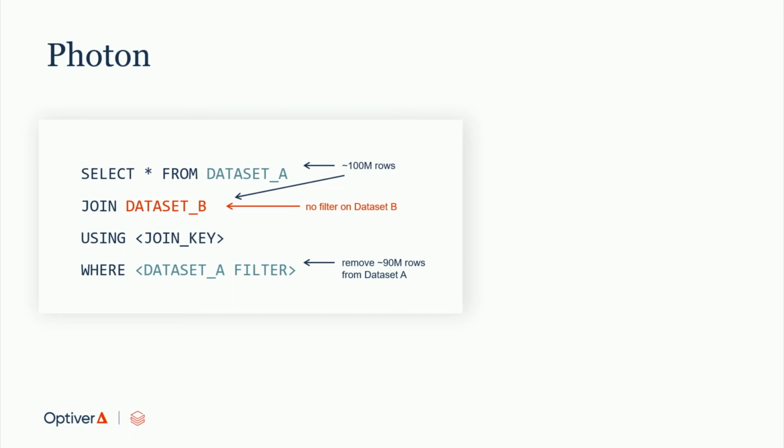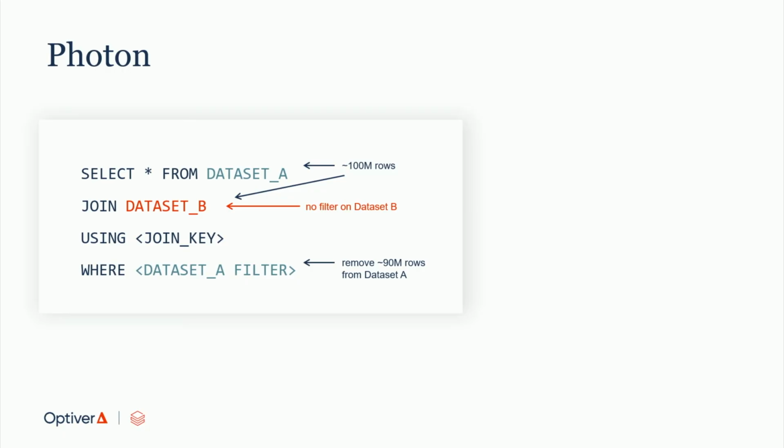So intuitively, you would expect this query to be very slow because the query engine needs to scan and shuffle the entire dataset B in full, because technically there's no direct filter on it. However, Databricks analyzed the entire query plan and noticed that the filter on dataset A eliminates most of its data.